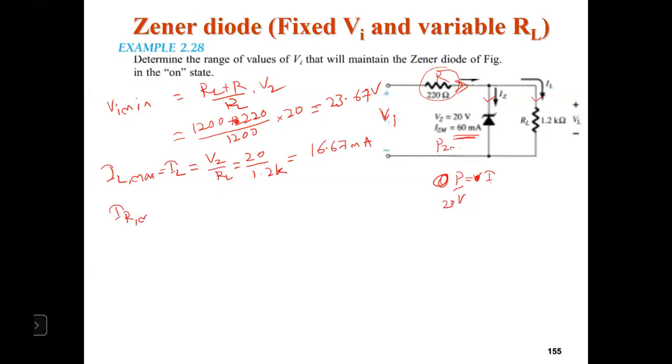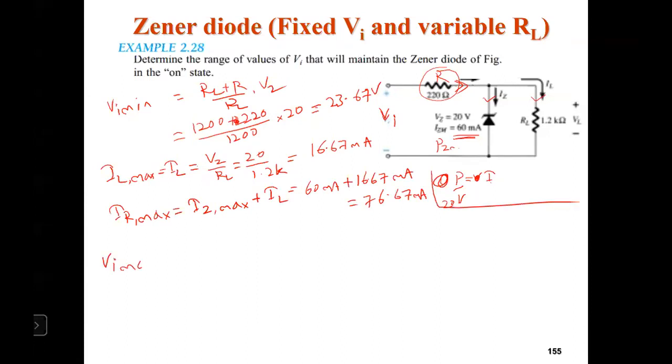So obviously my IR max equals IZ max plus this IL, which is equal to 60 milliampere plus 16.67 milliampere, equal to 76.7 milliampere. Then your Vi max equals IR max into R plus VZ.